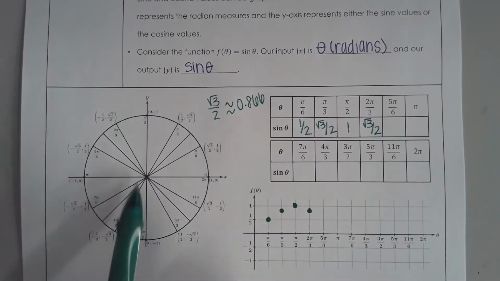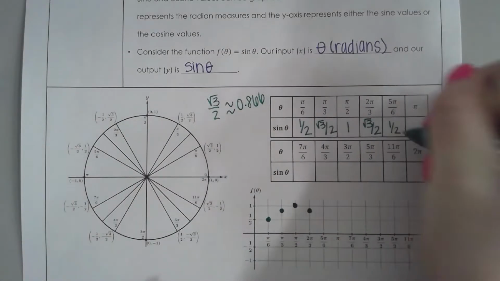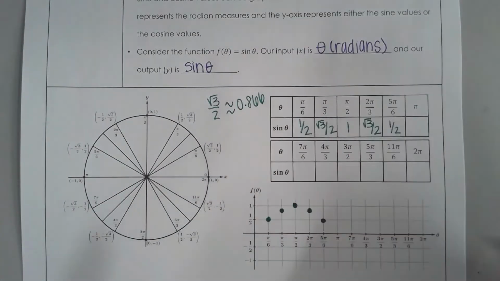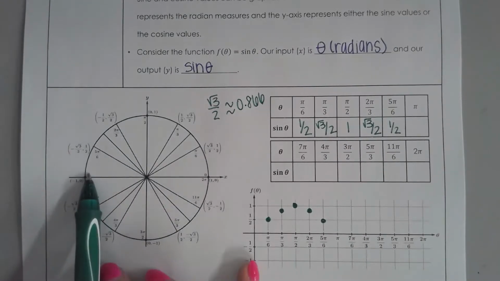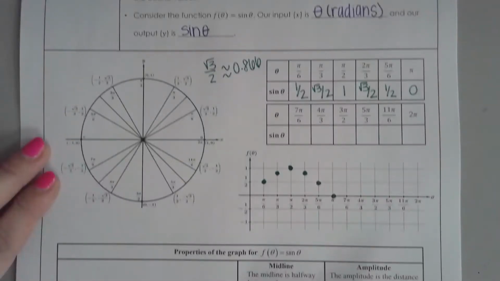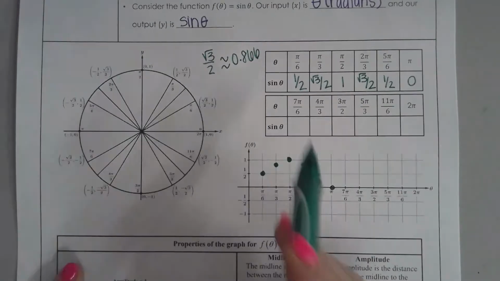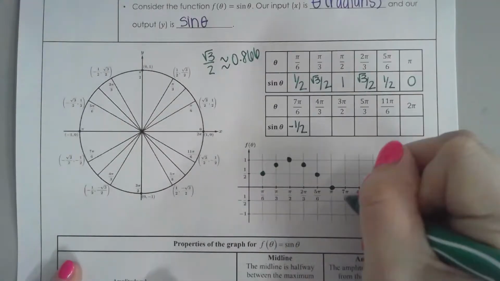Sine of 5 pi over 6 is 1/2. Sine of pi is 0, and then negative 1.